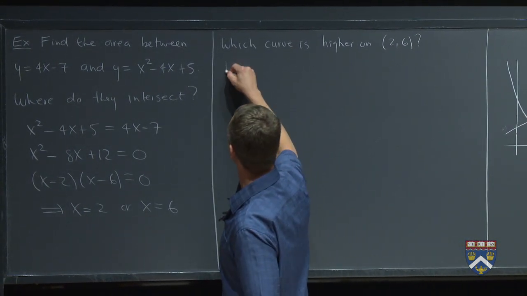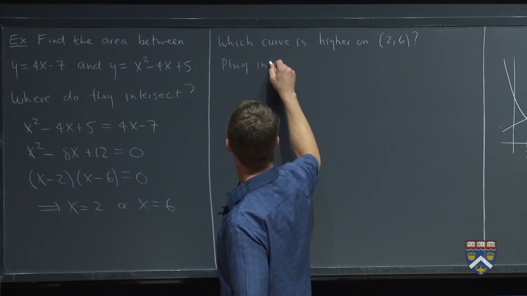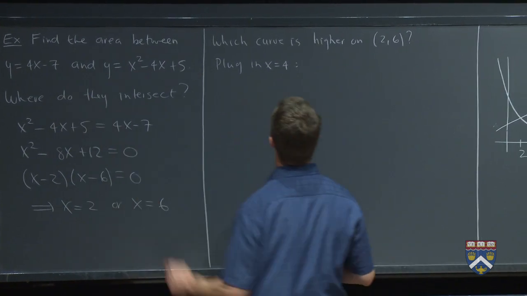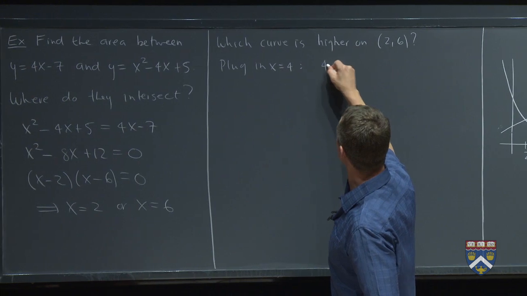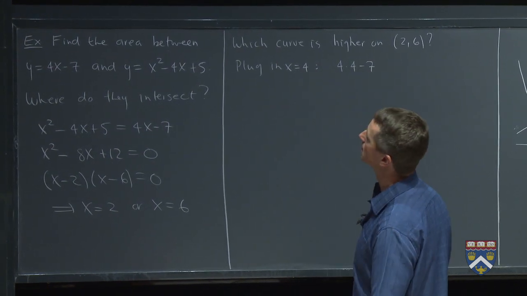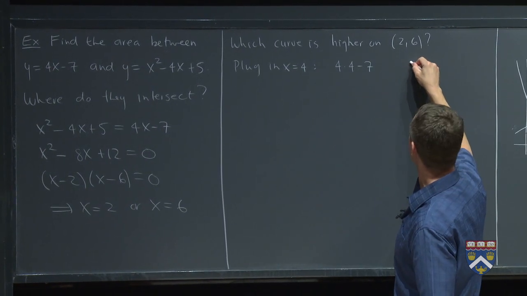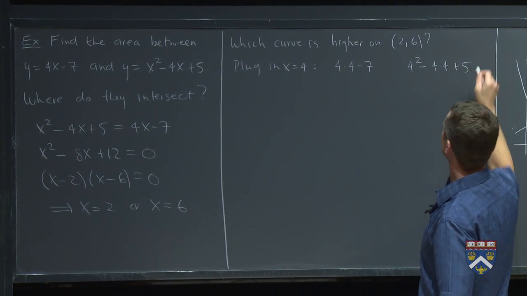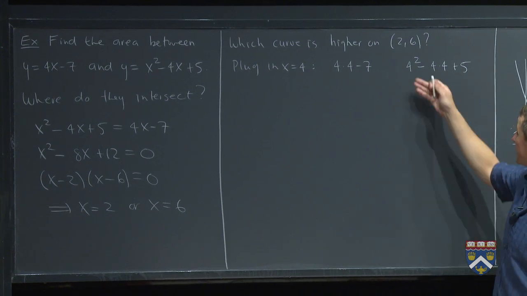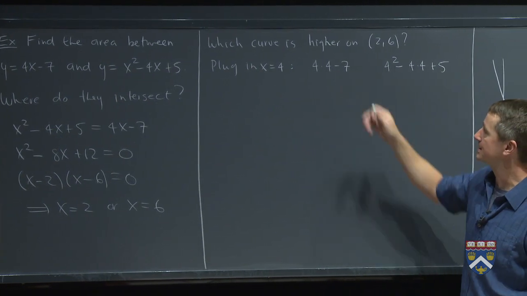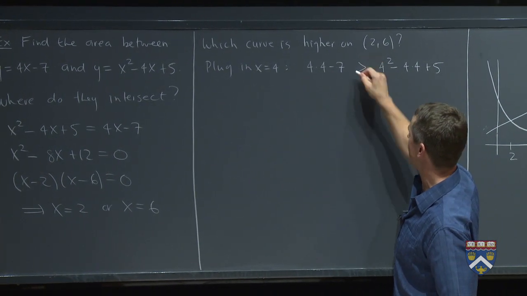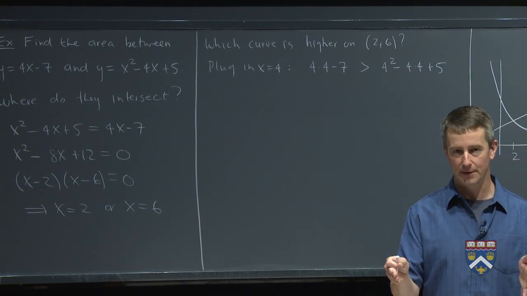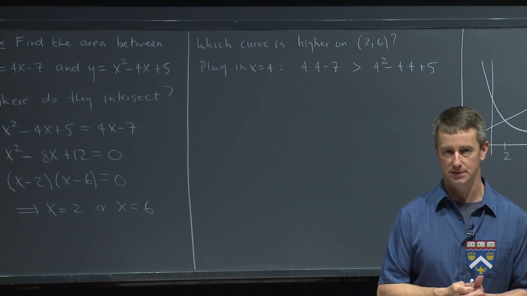So plug in x equals 4. When I plug it into this, I'm going to get 4 times 4 minus 7. And when I plug it into this one, I'm going to get 4 squared minus 4 times 4 plus 5. So this is just 5, whereas this is 9, I think. So this is higher. So this tells us that the line is the higher of the 2 graphs between their intersection points of x equals 2 and x equals 6.